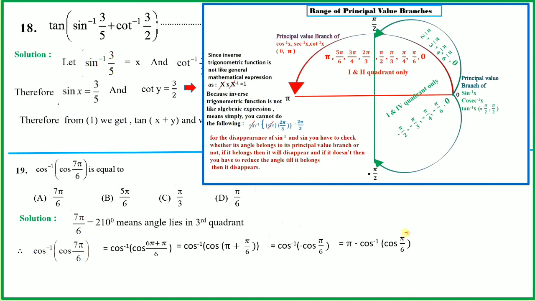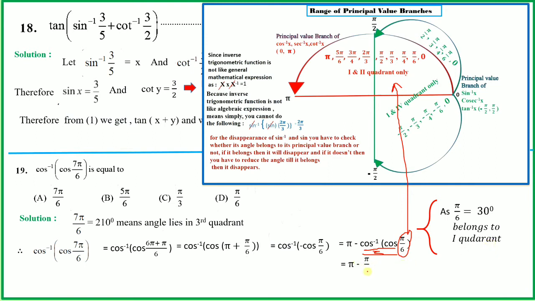As this pi by 6 belongs to the first quadrant, which belongs to cos inverse x as well as sin inverse x, but our concern here is cos inverse x. So cos inverse and cos will be removed, and we will have pi minus pi by 6, as pi by 6 is equal to 30 degree, belonging to the first quadrant.